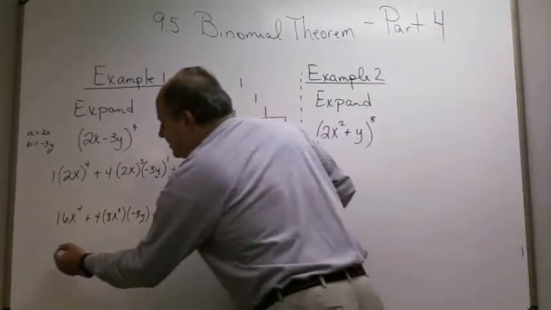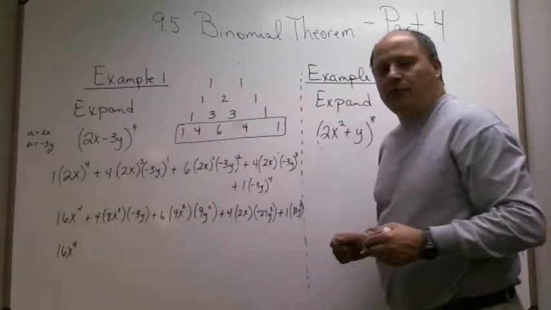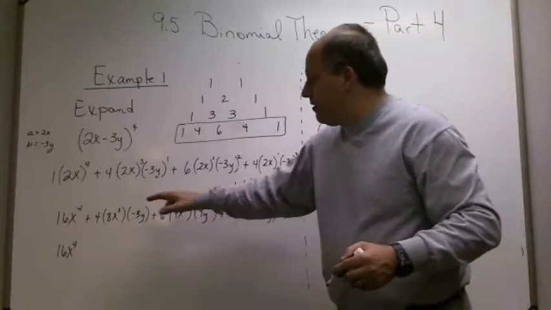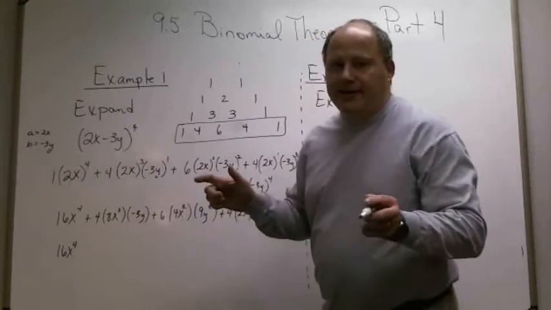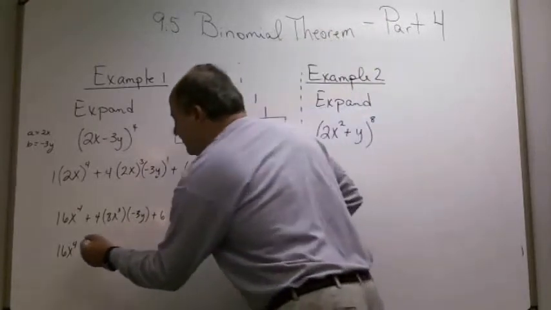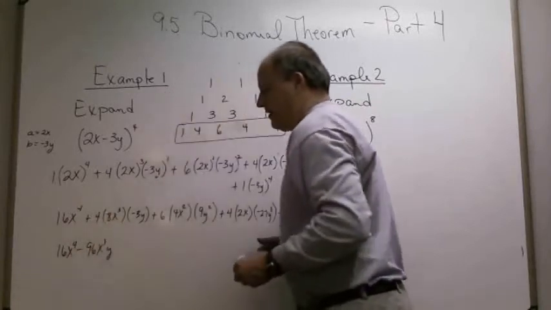So 16x to the 4th. And I always have a bad habit of not pulling out my calculator before I start these videos. So 4 times 8 times -3, I believe, and don't hold me to any of these numbers, but I think it's like -96. So this becomes -96x to the 3rd y.